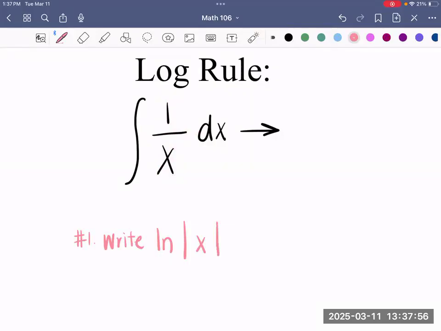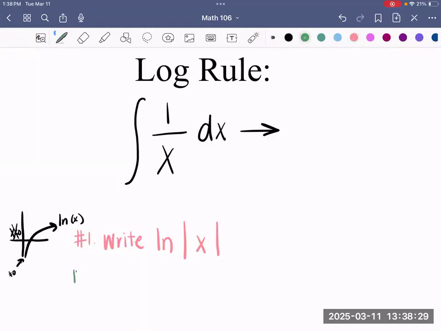That is because we talked about how values of x for your natural log cannot be equal to 0, because there's a vertical asymptote at x equals 0. And again, no negatives, because your graph of natural log had no negatives and no zeros. So that's why we're going to write the absolute value sign.